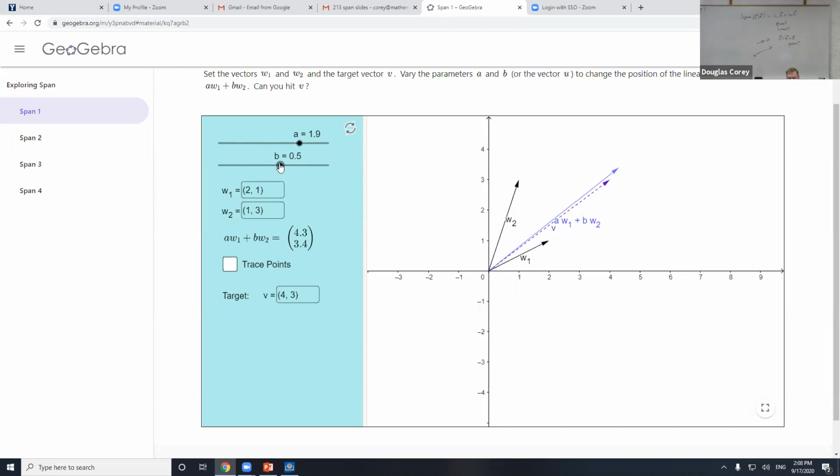But I can change both of these in ways, and I can move it kind of around. Now the question here is, can I get it to that purple? I almost had it to that purple a second ago, but oh wow, lucky. Okay, so I made it to the purple. If I moved this anywhere in the plane, can I get to it from W1 and W2?